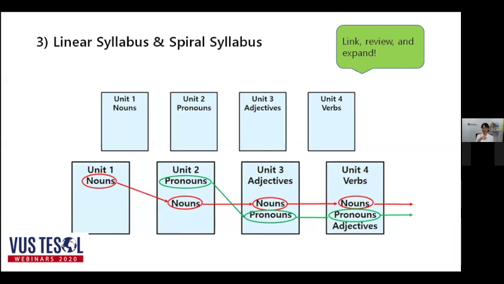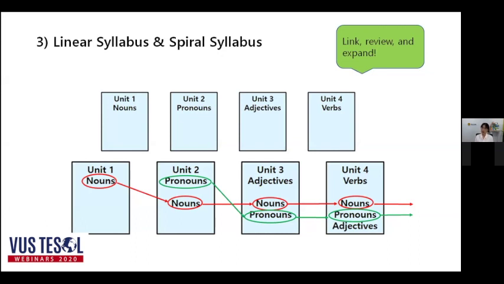You know what spiral is, right? It goes around and around. So you learn something, you make an extension, you review, and you learn something new, and it goes on and on. So that's the spiral syllabus. Is this something new to you? Have you heard about spiral syllabus before?